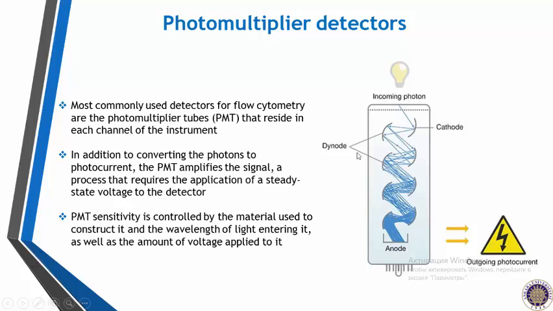So how it actually works: when the incoming photon strikes the cathode, the electron is discharged, and it is focused towards a dynode, and each time one electron strikes a dynode, 2 electrons are ejected. Finally, the electrons, which are amplified, strike the photoanode, and the photocurrent of larger amplitude is produced.